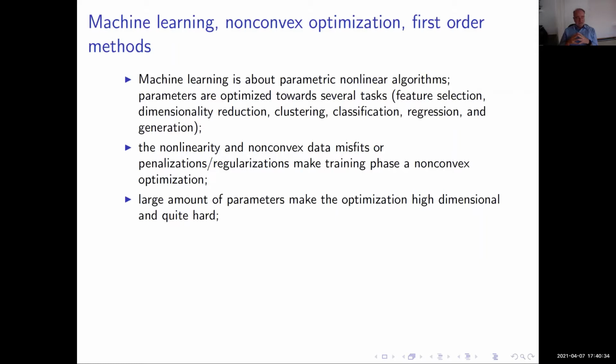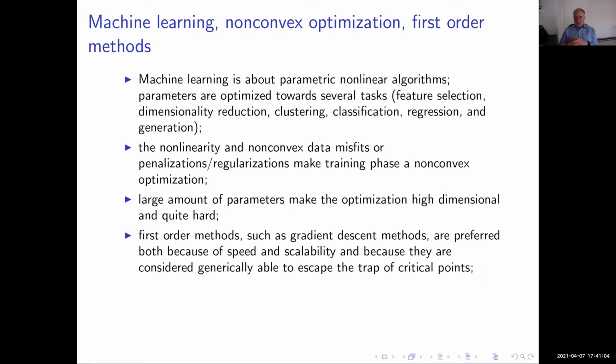Typically, they are over-parametrized algorithms with respect to the training set. So if the training set has a certain number of training data, typically the number of parameters exceeds this number. And so it makes the optimization non-convex and high-dimensional, and for this reason, in general, a quite hard problem.